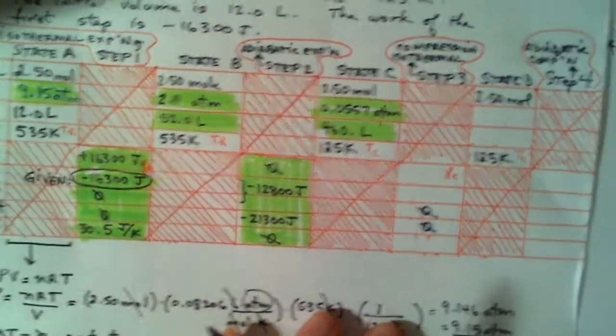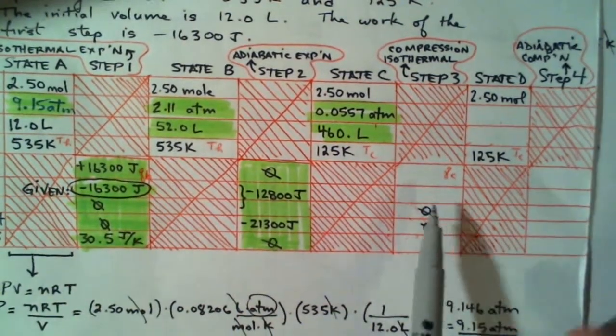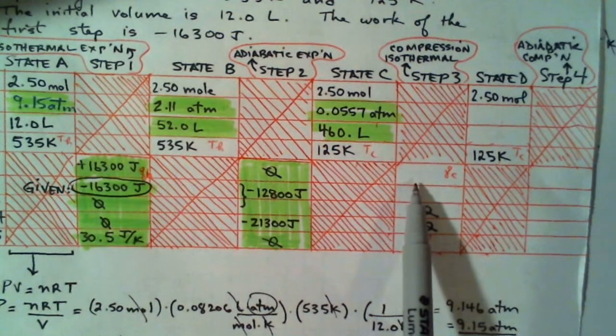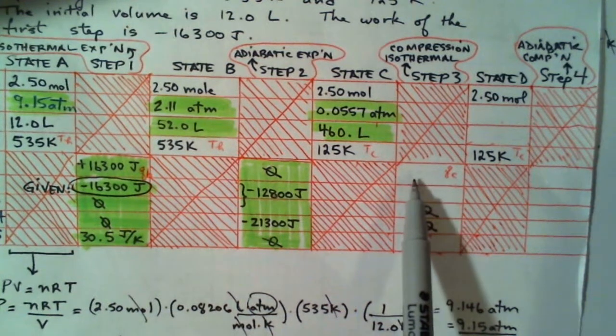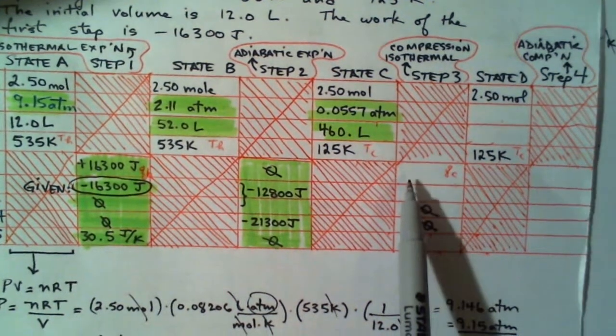I go to my table, and it should go in here. Should it be a positive value or a negative value? This is an isothermal compression. Okay, think. It's isothermal, so delta U is 0. So heat and work are equal and opposite.